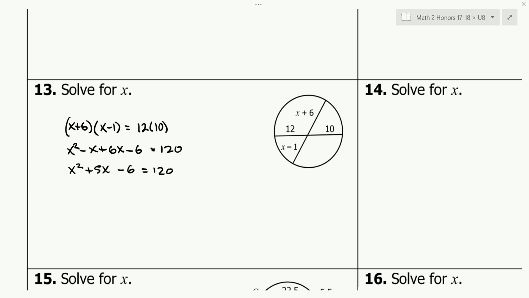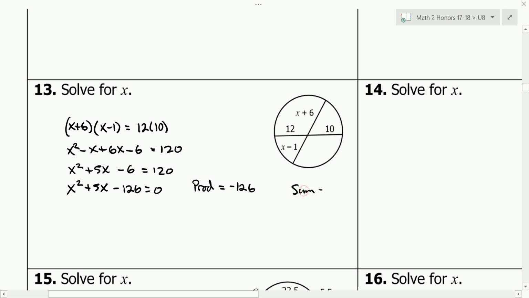So subtract 120 from each side. So x squared plus 5x minus 126 equals 0. And then remember when we factor, we ask ourselves, what two numbers have a product of negative 126 and a sum of 5?